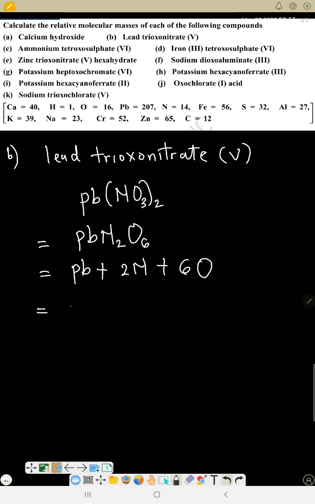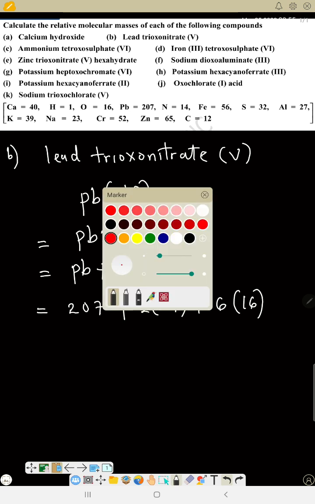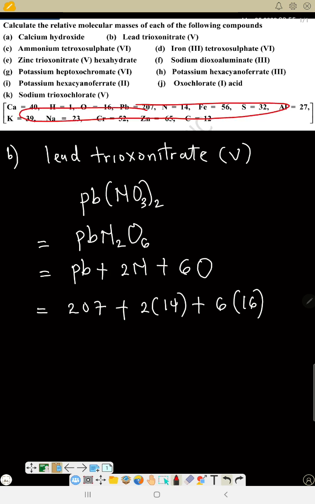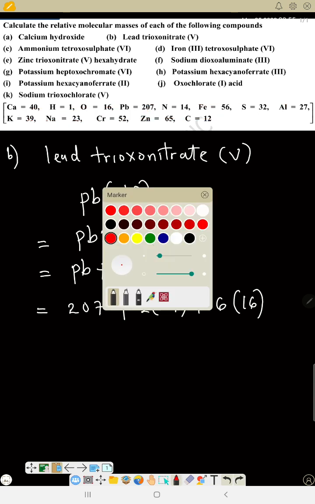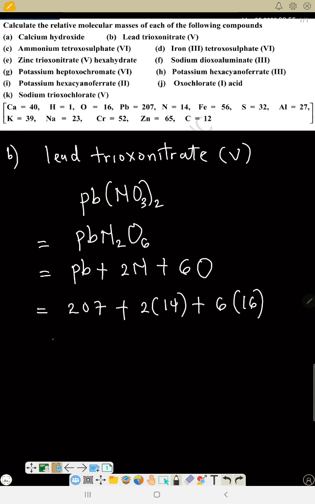So lead is 207, plus 2 nitrogen, which is 14 each, plus 6 oxygen, which is 16 each. We are using all those atomic masses, so just check them there. So now this equals 207 plus 28 plus 96.